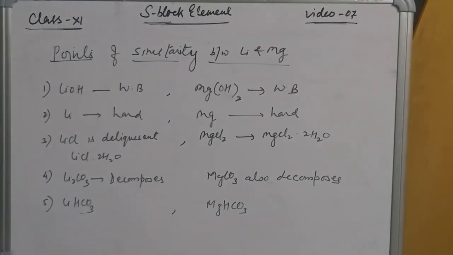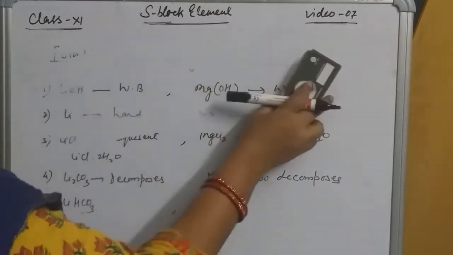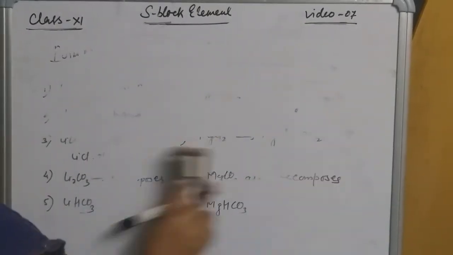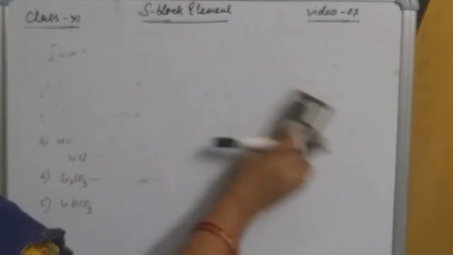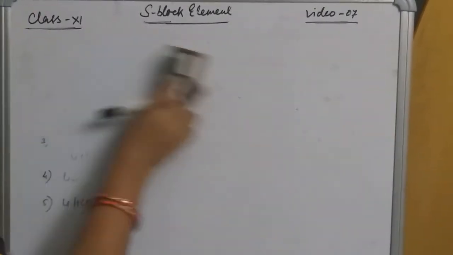So students, let's discuss the chemical properties of group 2 elements, which is called the alkaline earth metal group.